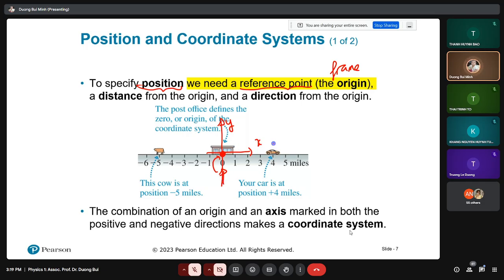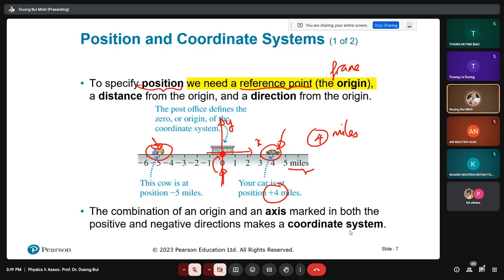If the car is here, it gets a positive value: how many miles from the origin? 4 miles from the origin. If you consider the position of the cow, if you stay here and look back to the origin, you get -5, right?